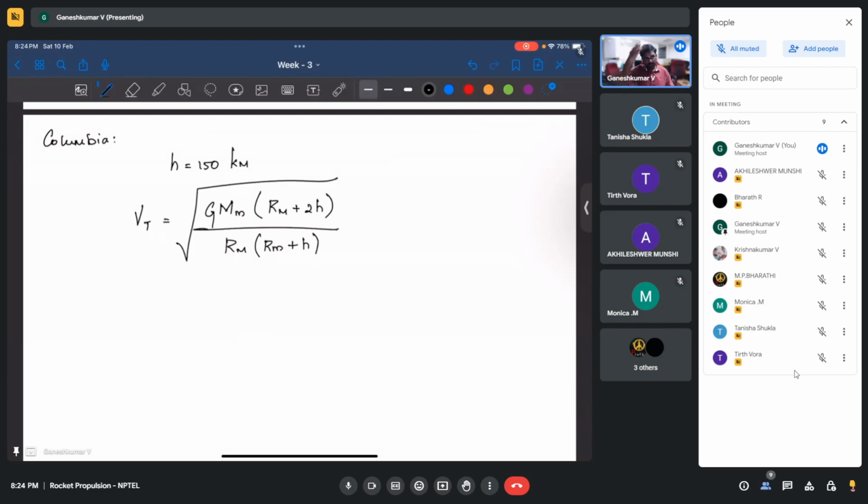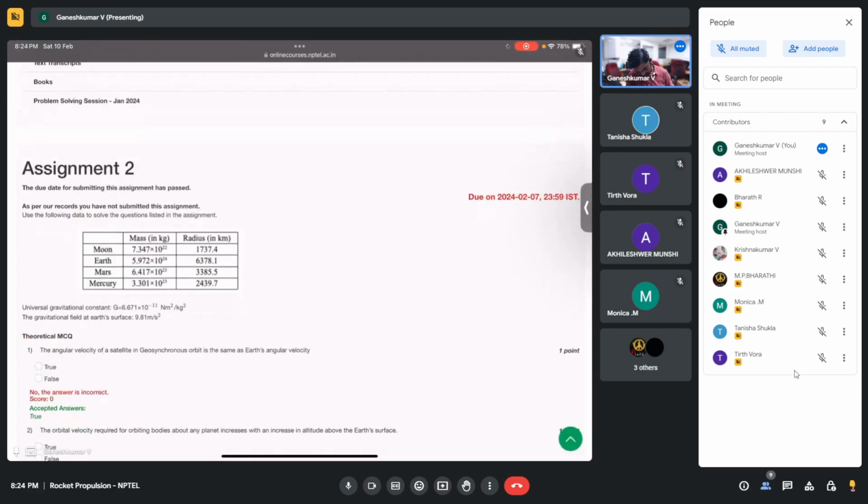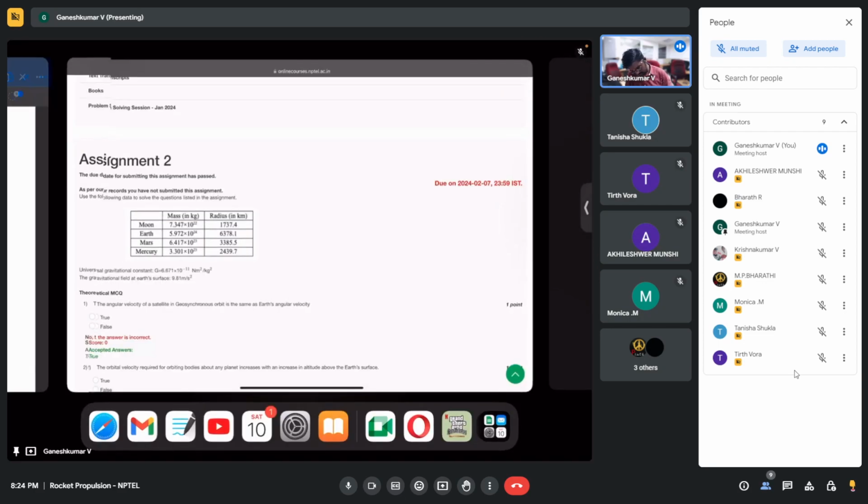Just instead of the mass of Earth you replace it with the mass of the moon, so it is going to be 6.67 into 10 power minus 11. Mass of the moon is given, 7.347 into 10 power 22.